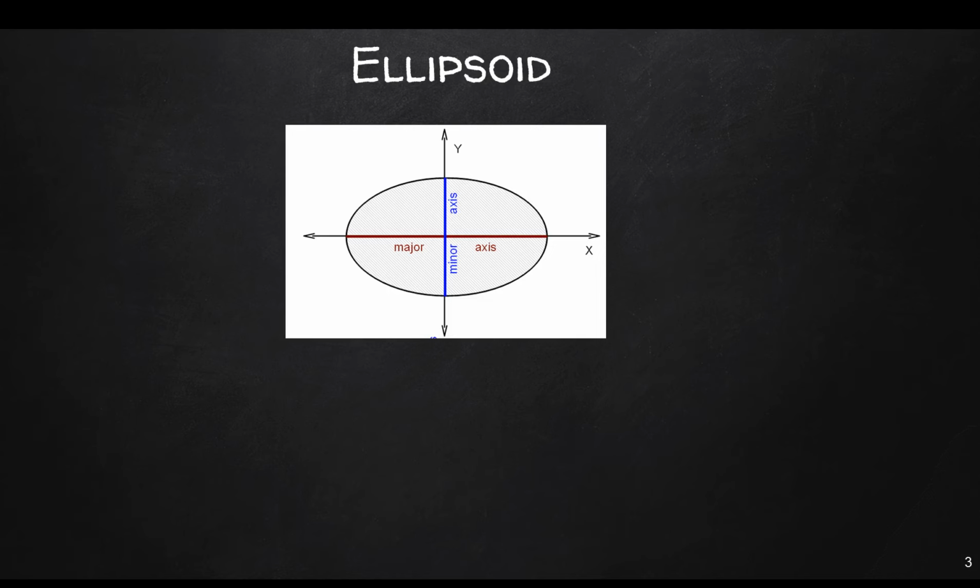The minor axis is the shortest and is on the y-axis. It's important to note that the major axis is always longer, because if they were equal in length, then the ellipse would actually be a circle. If x and y were the same exact number, it would be a circle. And we don't have a circle, we have an ellipse.